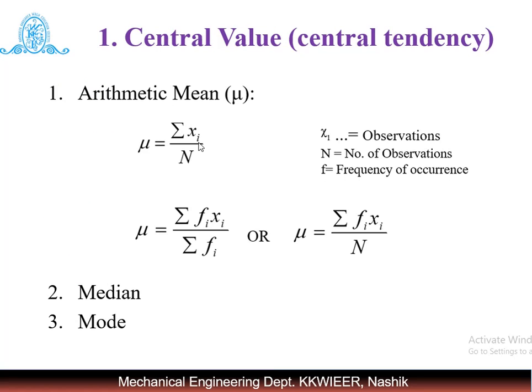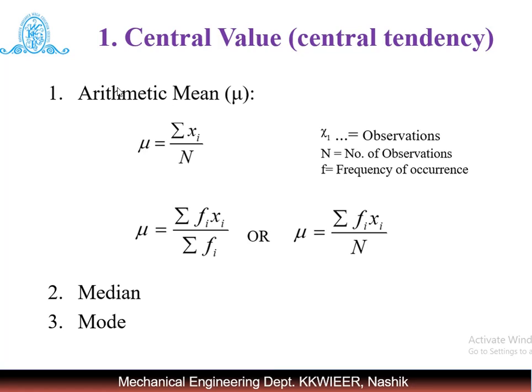Then how to calculate the central value or the central tendency? It is the arithmetic mean, indicated by mu. Mu is nothing but the summation of all the observations divided by the number of observations, where xi is the observation and capital N is the number of observations. If the frequencies are given, then how to calculate the arithmetic mean?